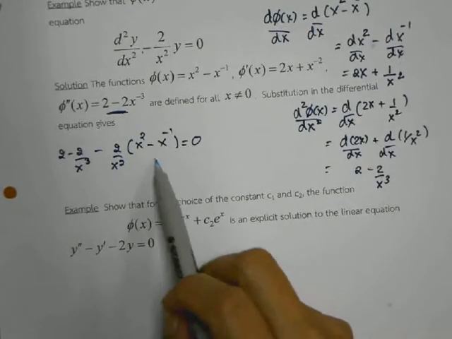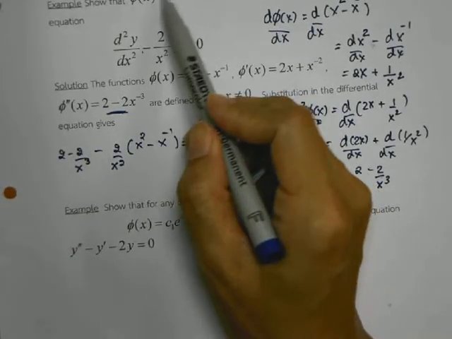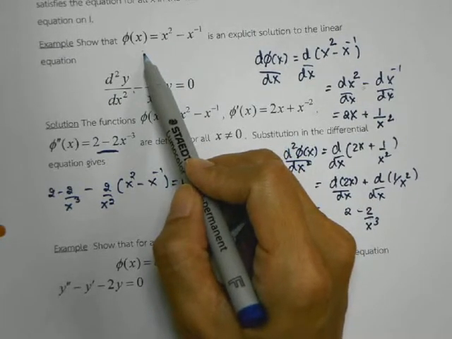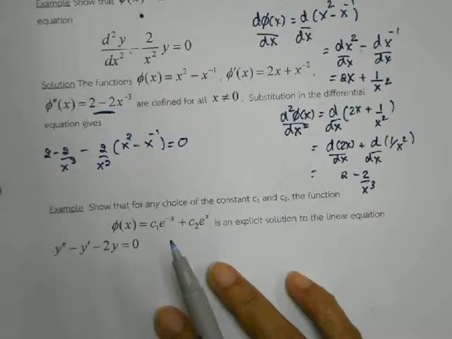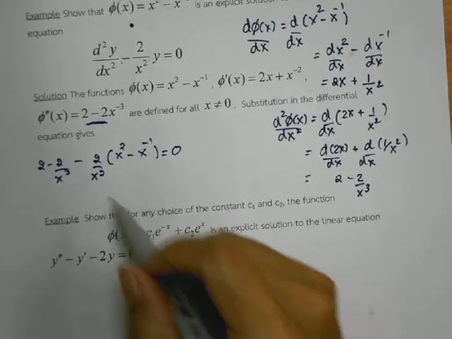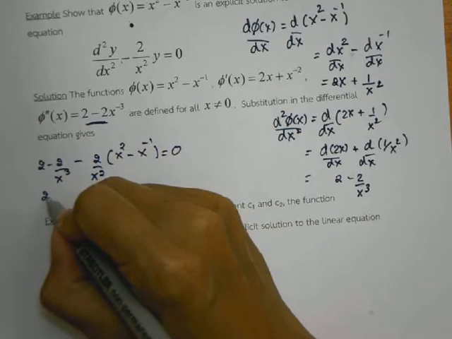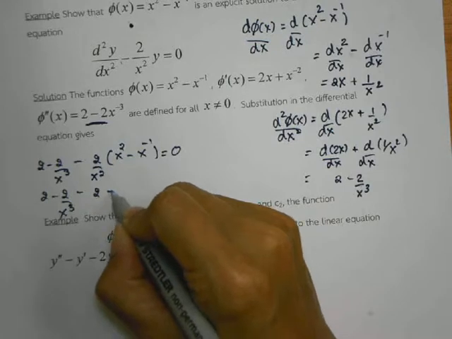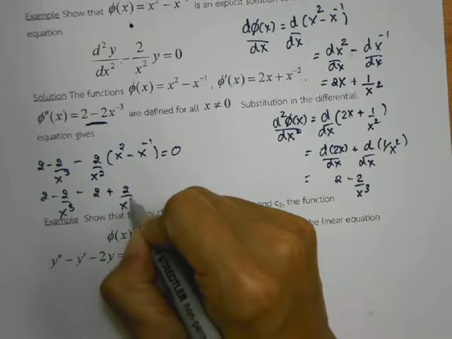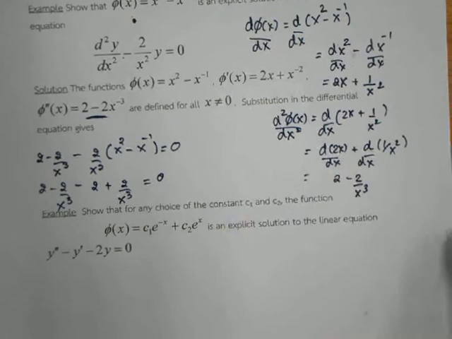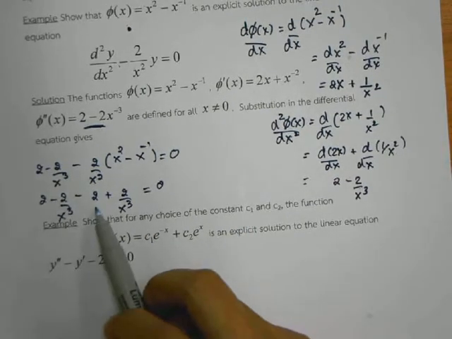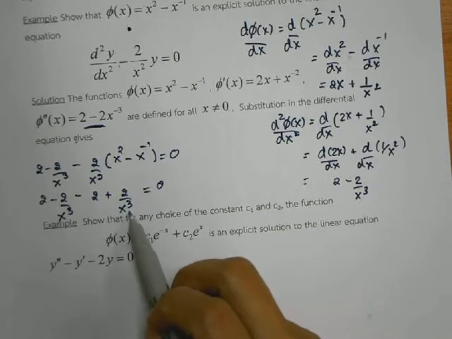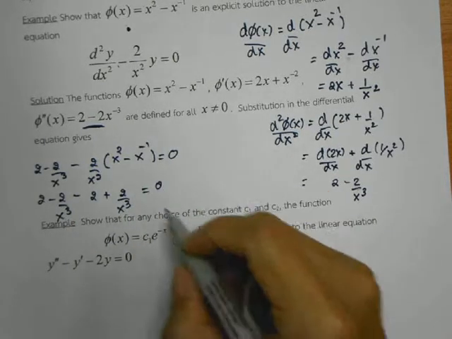If it is equal to 0, that means this function is the answer of the equation. So, this is 0. 2 minus 2 over x to the power 3 minus 2 plus 2 over x to the power 3. This is equal to 0. 2 minus 2, done. Negative 2 over x to the power 3 plus 2 over x to the power 3. So they equal 0.